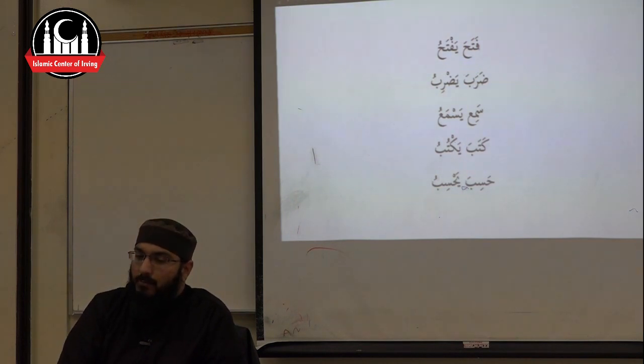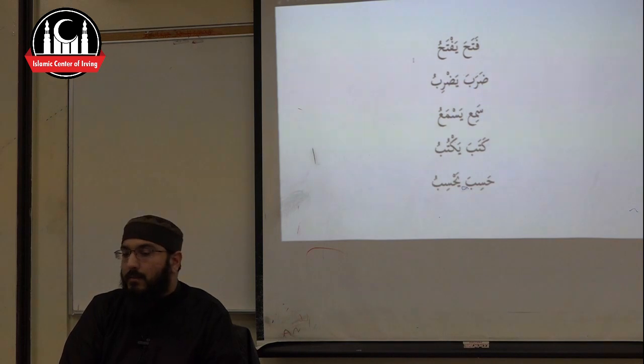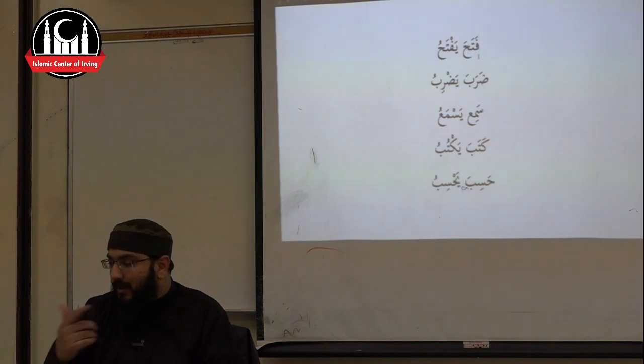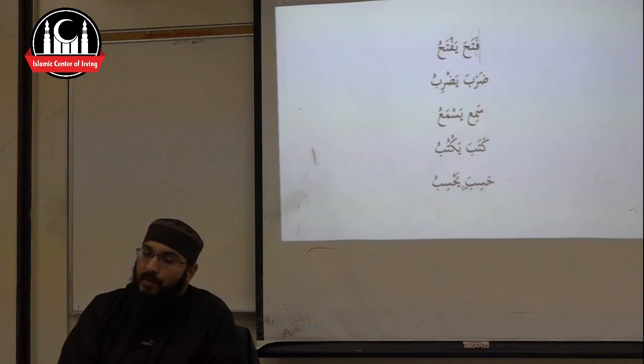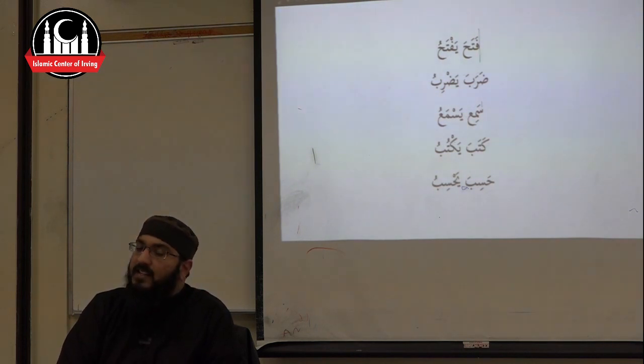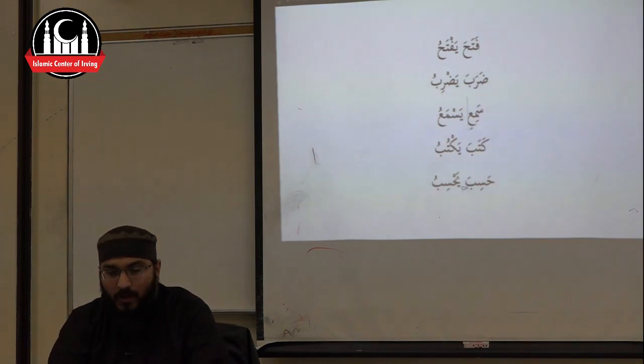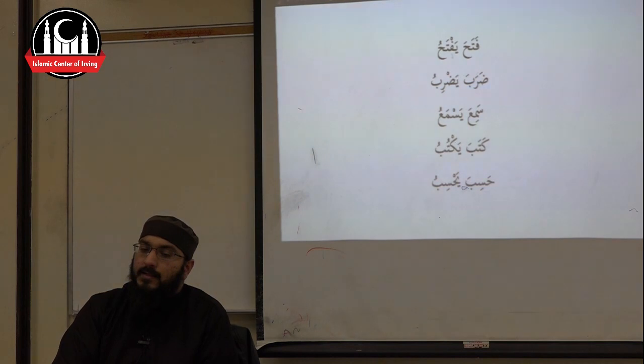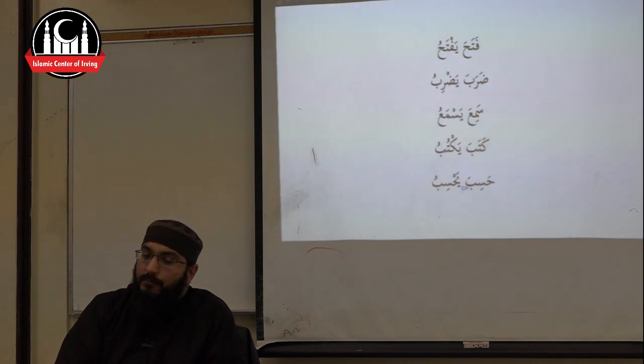We look at it with a comparison of the past tense to the present tense. When you memorize the vocab, you have to memorize it like this. You have to memorize what the past tense looks like: is it fataha or fatiha? And what's the present tense: is it yaftahu or yaftuhu?